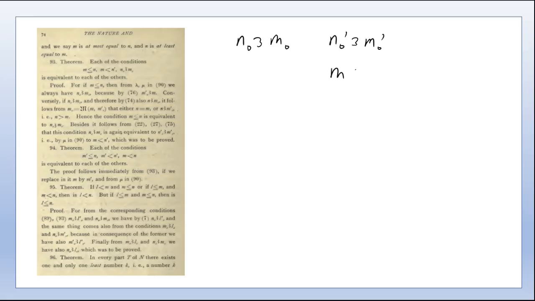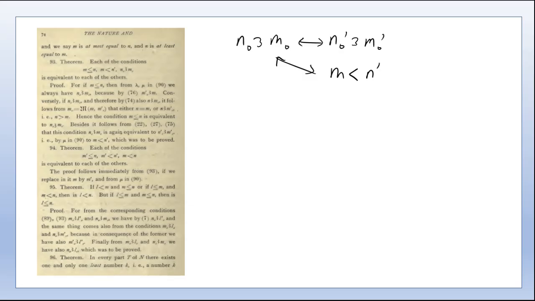M is less than n primed, which was to be proved. So it follows that this condition is again equivalent to this. So these are equivalent to each other. So we've got the equivalence between these conditions here. Okay, right. Yeah, I'm happy with that.